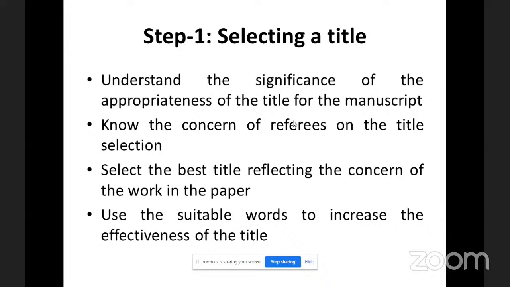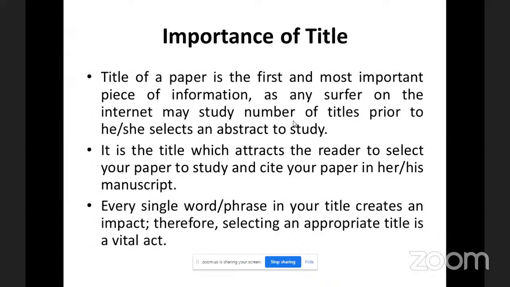Now what is the importance of this particular title? It is the first thing which is read by any reviewer or any reader. So you should pay attention while selecting the title of a research paper. The title should attract the readers, because journals prefer those papers whose titles are attractive. If the title is attractive, definitely more readers will read that paper.